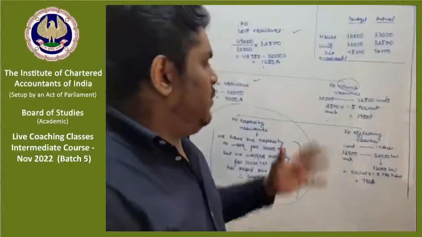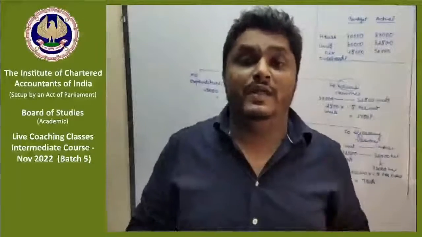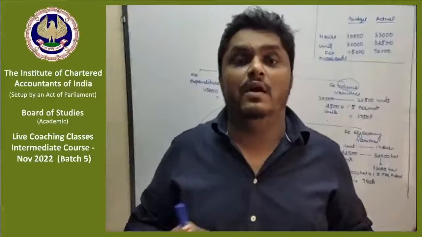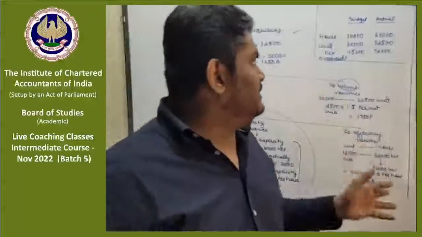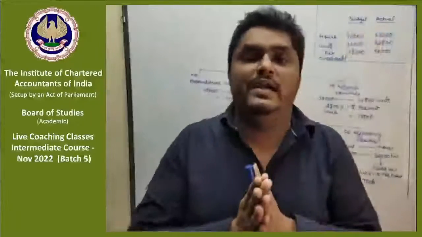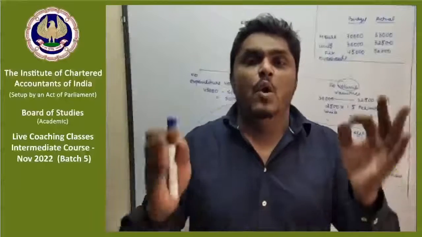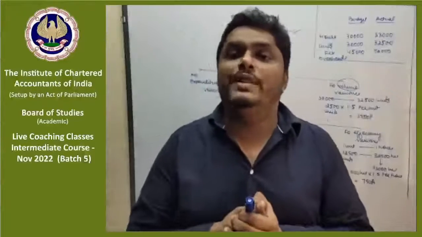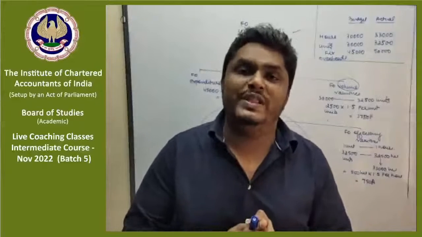Rashmin Kumar Majitia, very simple. When talking about efficiency variance, it talks about whether we completed the target within the time or we took extra time. So in this case, 30,000 units should be completed in 30,000 hours. That was the target given. It means one unit should not take more than 1 hour.